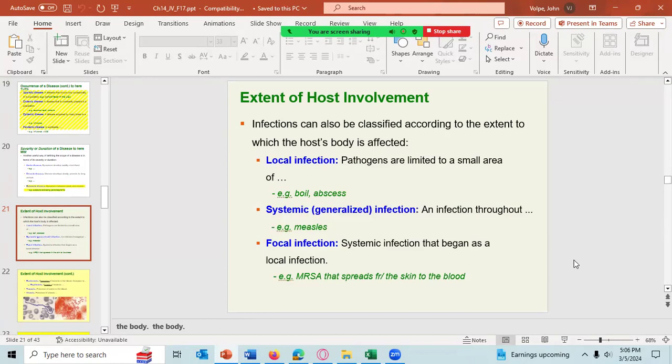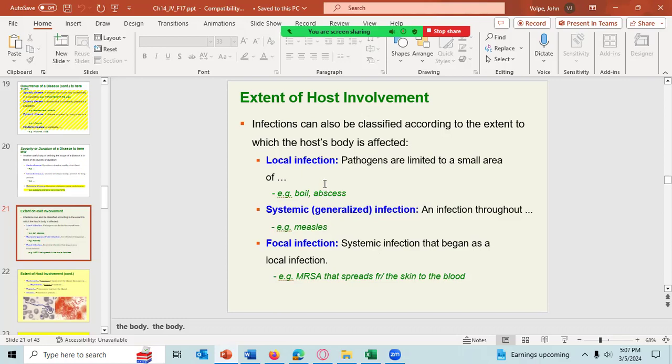All right. The extent of host involvement does determine the course of a disease. Infections can be classified according to the extent to which the host body is affected. A local infection is a pathogen that's limited to a small area of the body. For example, a boil on the skin being caused by Staphylococcus aureus is a local infection.